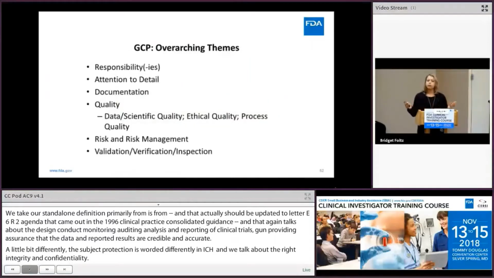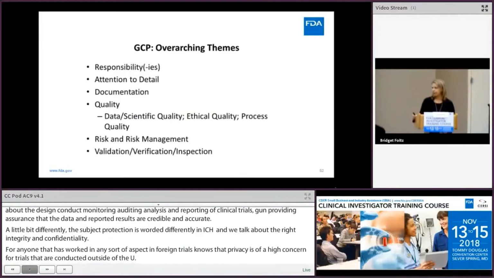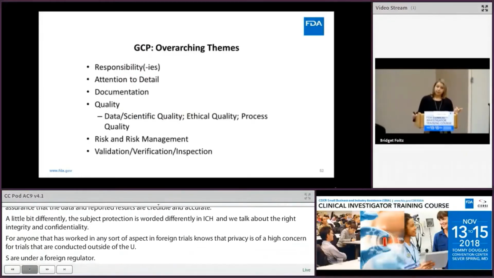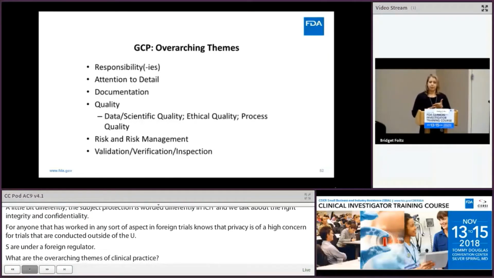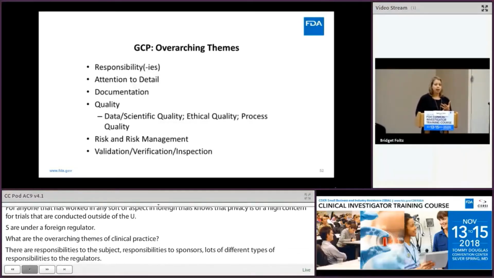So what are the overarching themes of good clinical practice? There's responsibilities. There's responsibilities to the subject. There's responsibilities to the sponsor. There's lots of different types of responsibilities to the regulators. Attention to detail. Documentation is very important.